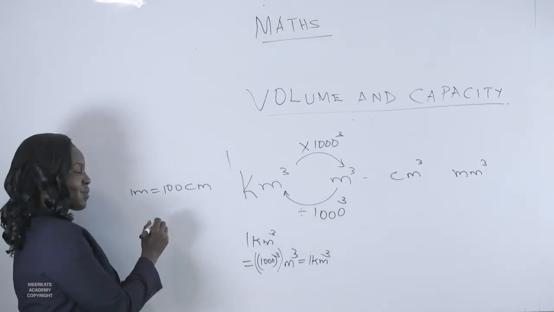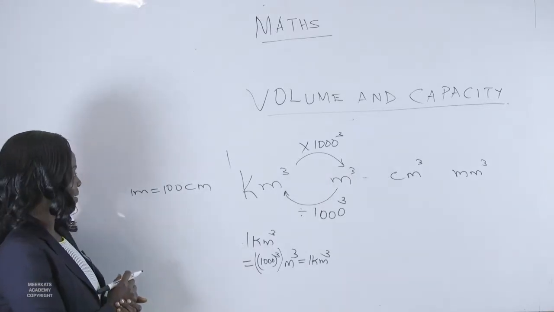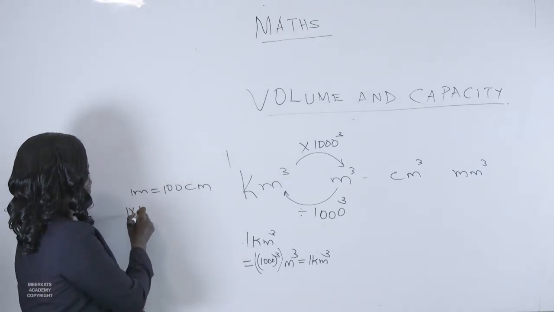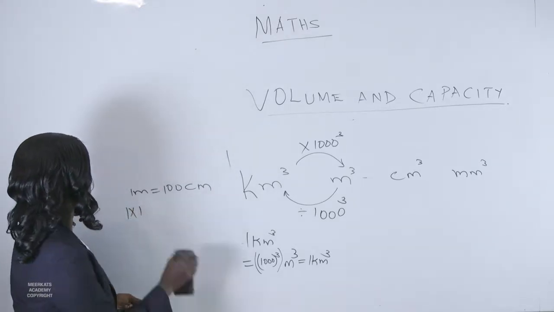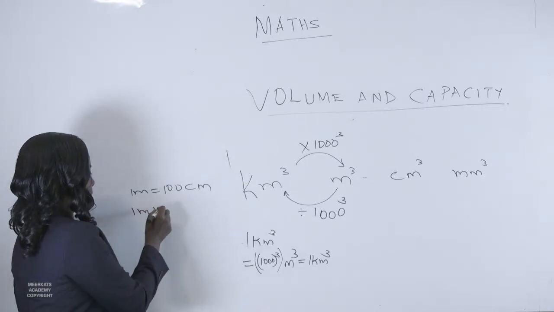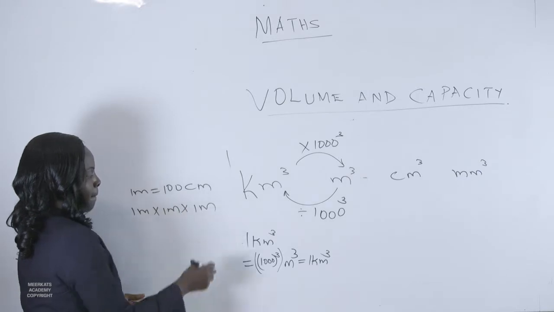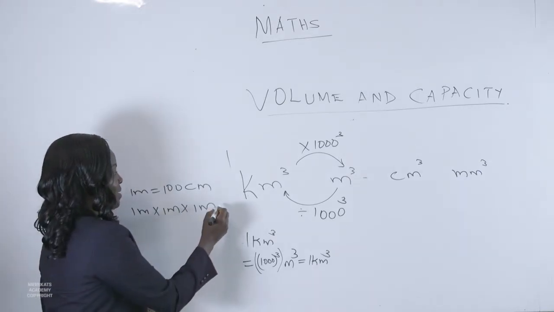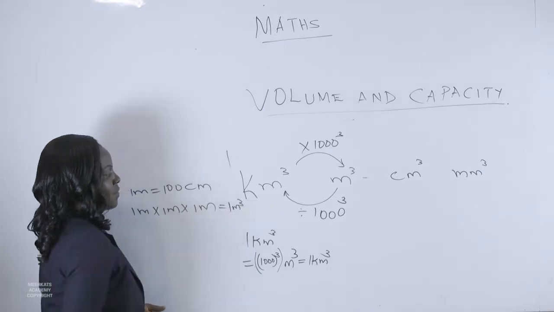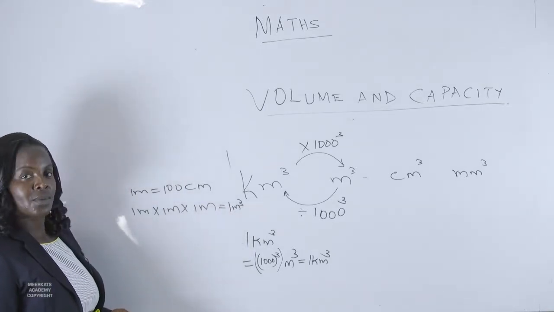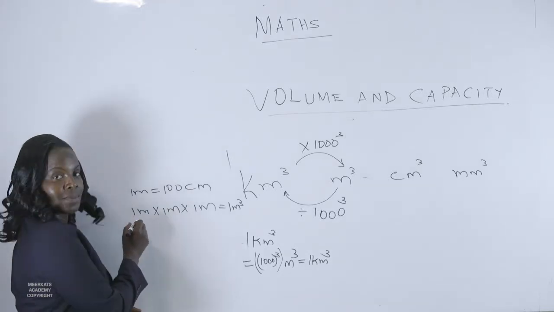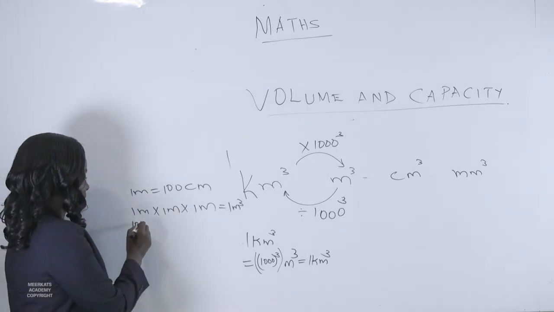Now for a cubic meter, we have 1 meter times 1 meter times 1 meter, and that will give us 1 cubic meter. 1 meter has 100 centimeters.